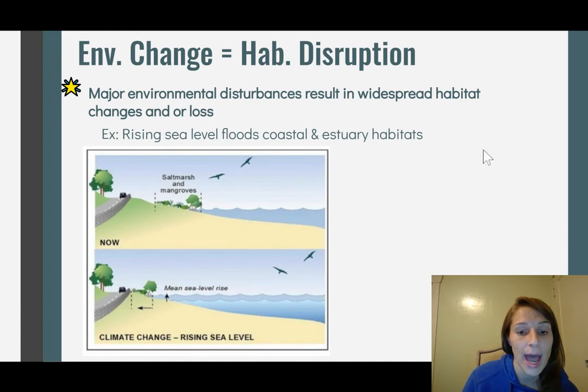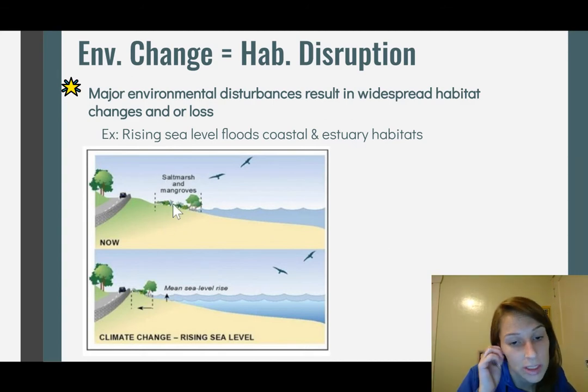So if we were to look at this picture here, if we've got normal levels of the sea, you have these salt marsh and mangroves, which, if you remember when we talked about aquatic biomes, are really important areas with a lot of species living there. They tend to be nurseries for marine organisms, and you have a lot of biodiversity in these types of ecosystems.